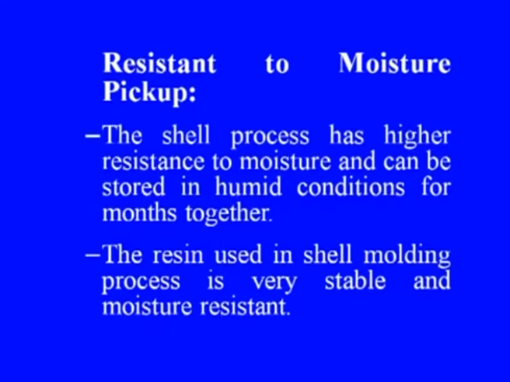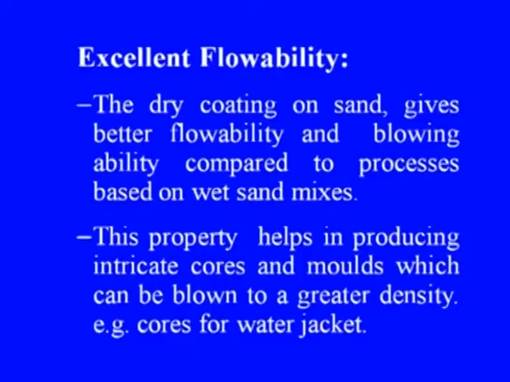Resistance to moisture pickup. This is another big advantage. The cell process has higher resistance to moisture and can be stored in humid conditions for months together. The resin used in cell molding process is very stable and moisture resistant. Excellent flowability is another advantage of the process.